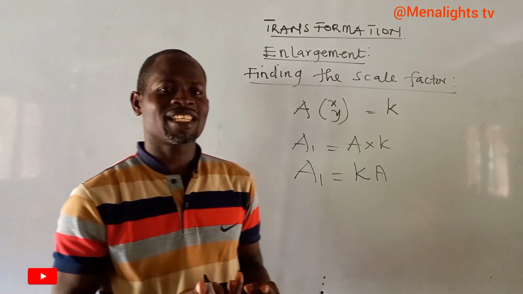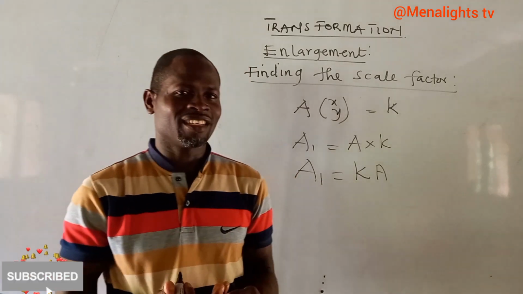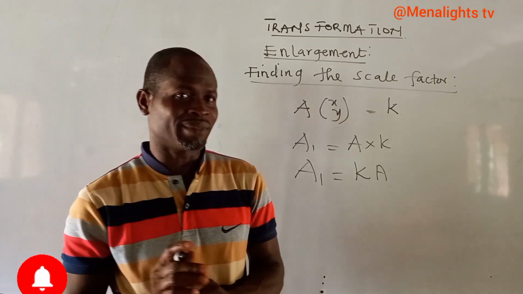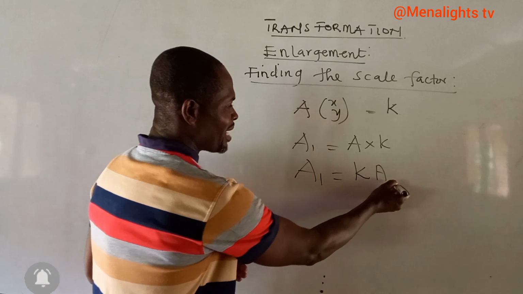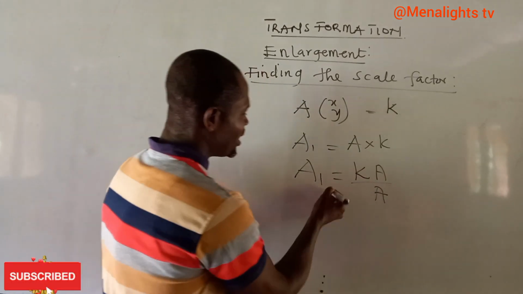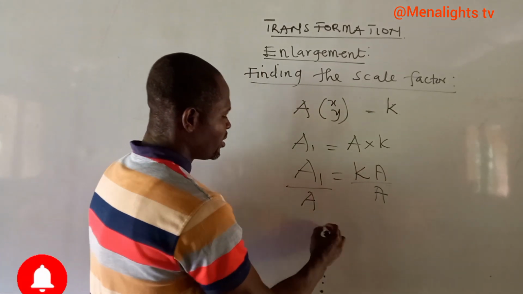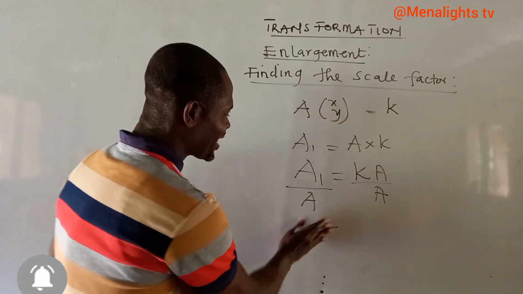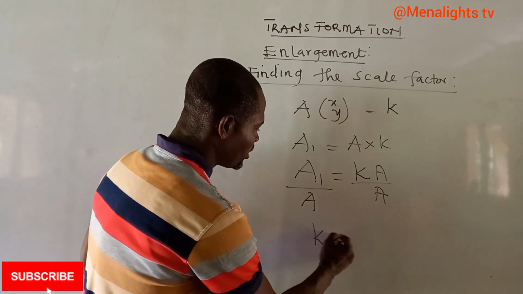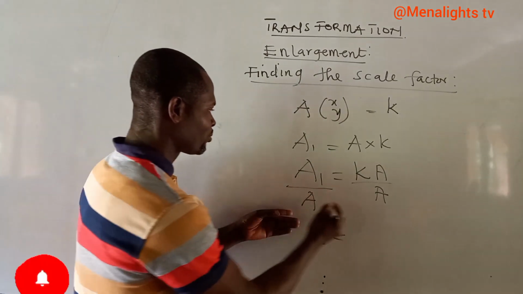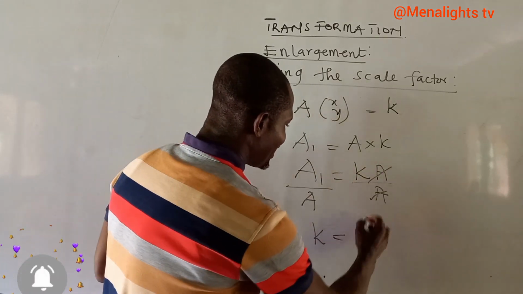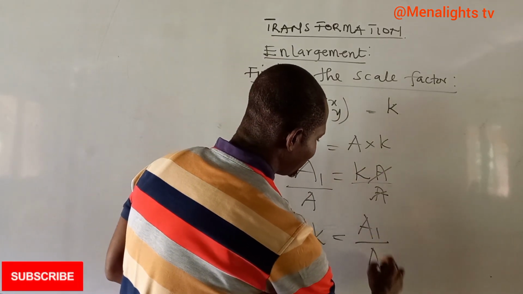Now for us to get the scale factor, we have to make the scale factor the subject. So what we have to do is divide this side by A and divide this side also by A. Then from here we can say that the scale factor K is equal to the image over the object.